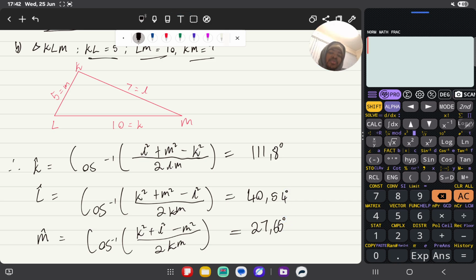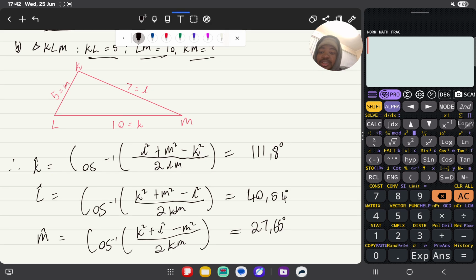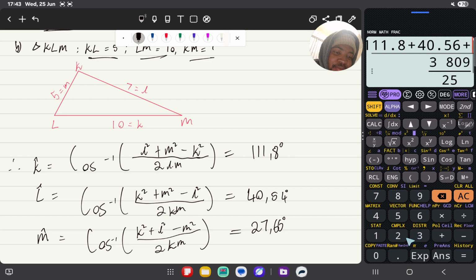So then now we are done with this question. Now we have calculated all the unknown angles. So now we can actually add all these values for our satisfaction. Once we get 180 degrees, we know cosine rule works, and we were not doing nonsense here. So let us do that. 111.8 plus 40.56 plus 27.66.